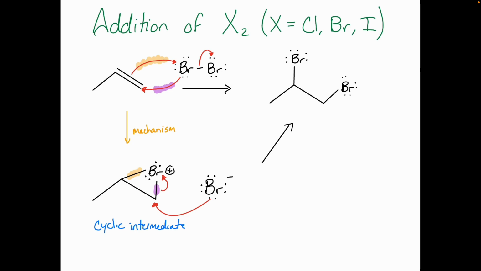Okay, so again, this mechanism is characterized by this cyclic intermediate here, where I have this positively charged halogen bound to both carbons on either side of what used to be my double bond.